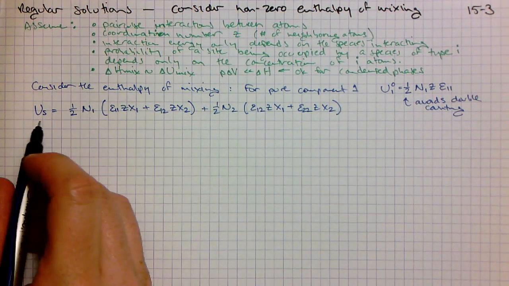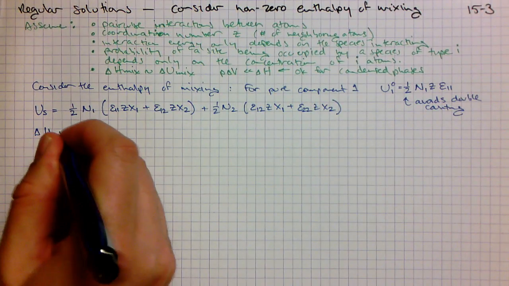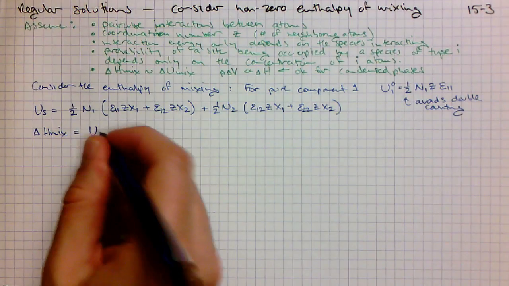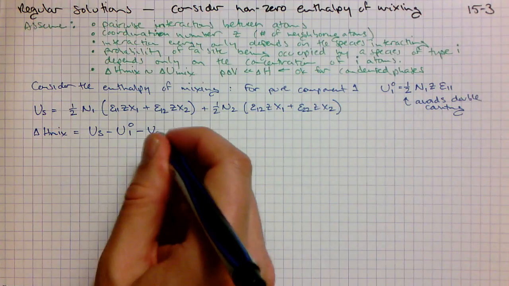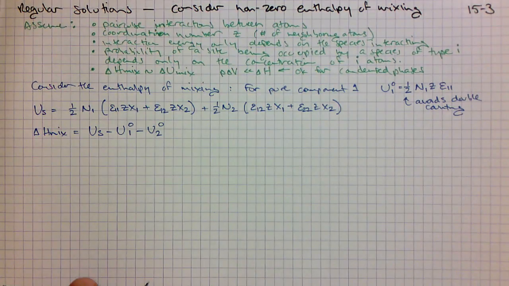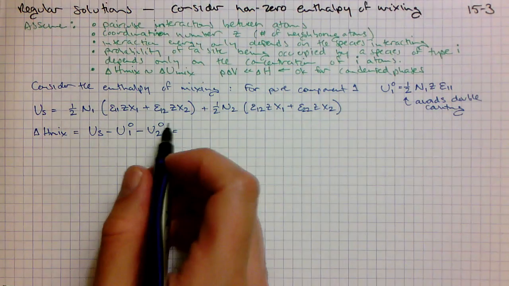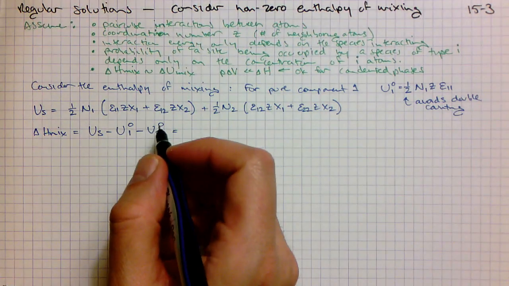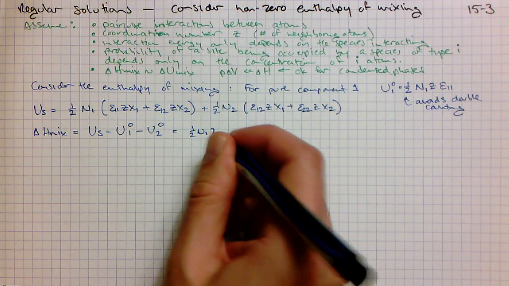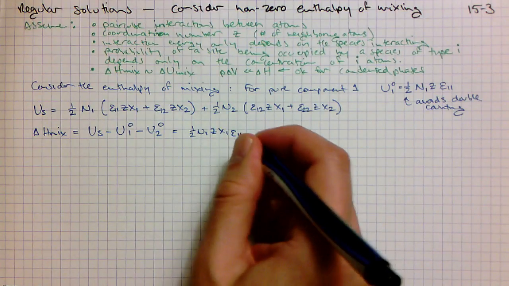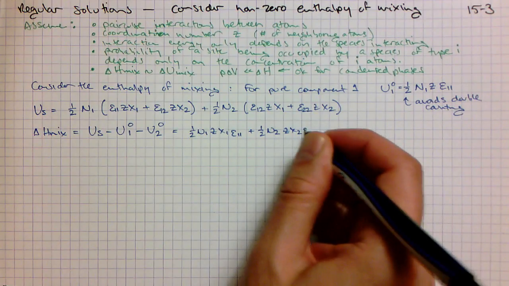So that's the energy of the system, and our enthalpy of mixing, delta H mix, we defined as the energy of the solution minus the energy of pure 1 minus the energy of pure 2. So that would give us, let's start multiplying this out, right? We're going to have 1/2 N1 Z X1 epsilon 1,1 plus 1/2 N2 Z X2 epsilon 2,2.